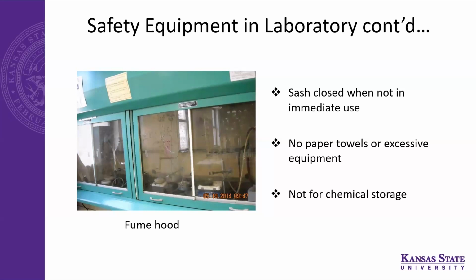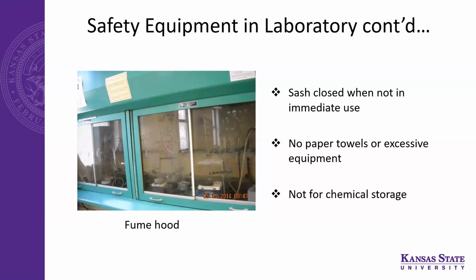When you are using the fume hood, the sash has to be closed when not in use. If you are doing an experiment, you'll have to have access to the fume hood. As soon as you are done, the sash should be closed. Otherwise, the fume hood won't serve its purpose. There should not be any paper towels or excessive equipment inside, because you need to have space.